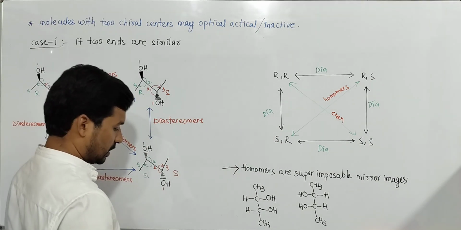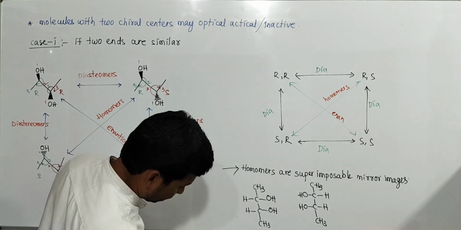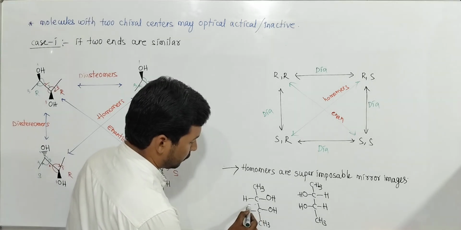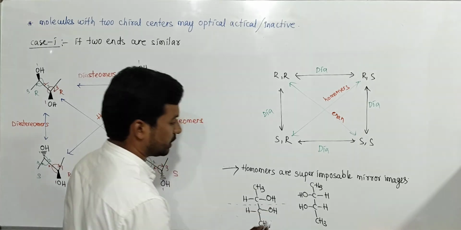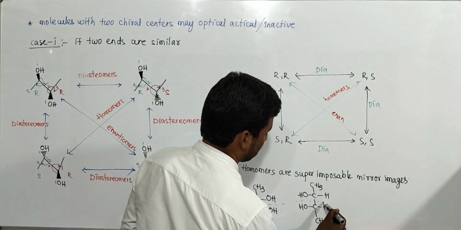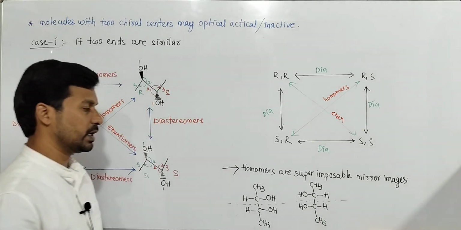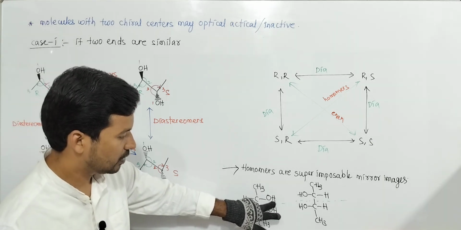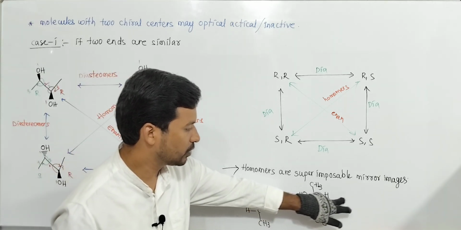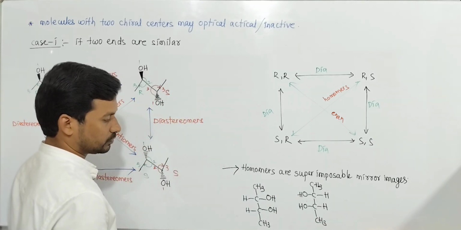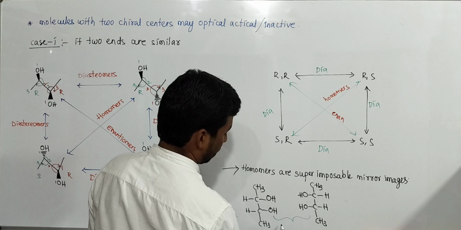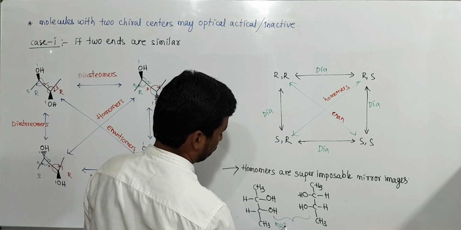Meso compounds. What are meso compounds? The compounds which have an internal plane of symmetry. So if you see from here, above and below are the same. Above the green line and below the green line are the same. Meso compounds.